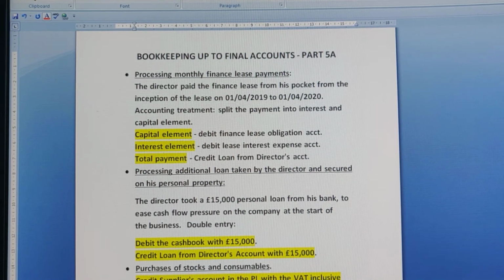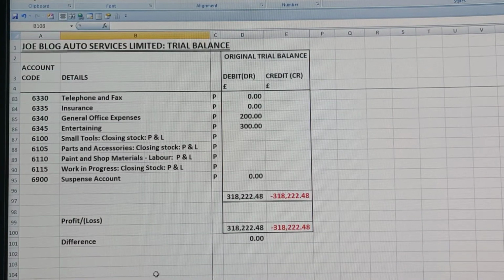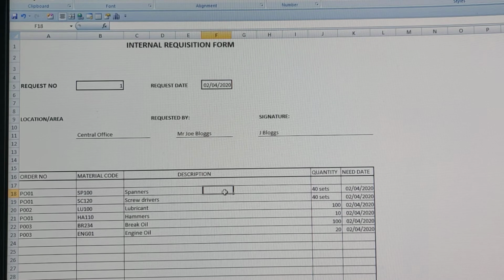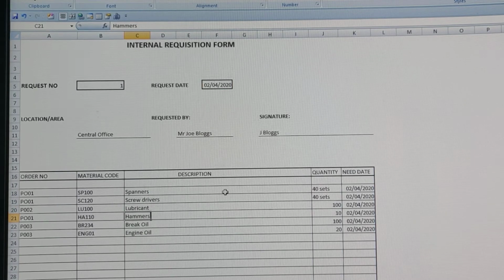Now, when the business started, goods were ordered for use in the business. An internal requisition form was completed because the goods were going to be used by all the departments, not by any particular manager. So each manager asked for what they needed, and look at them: spanners, screwdrivers, lubricant, brake oil, engine oil.